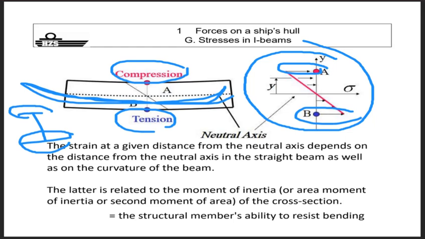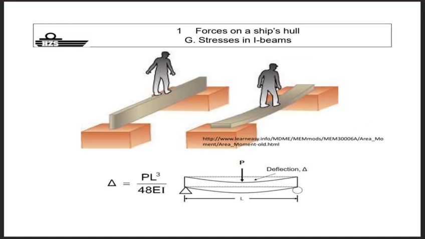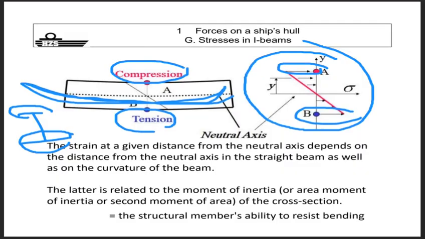So try to visualize this one. You have a lot of resistance against bending. What will be the stress level? Stress level of compression and tension. What do you think, just on your idea? Will they be smaller?